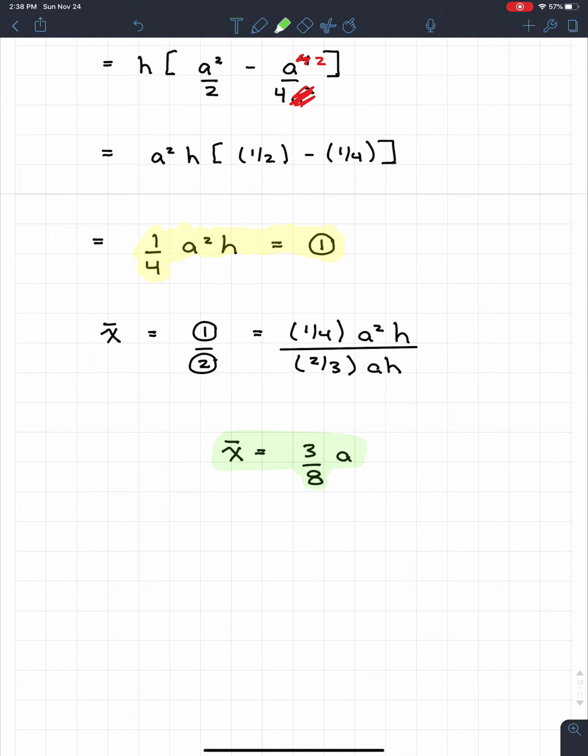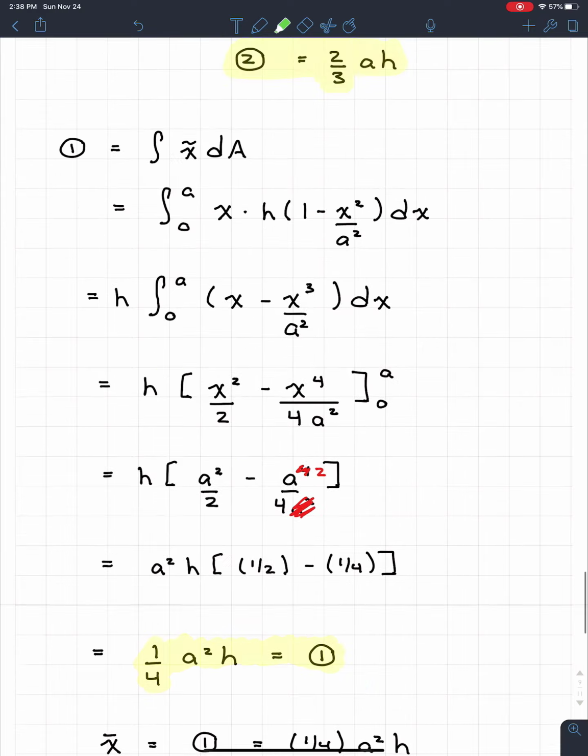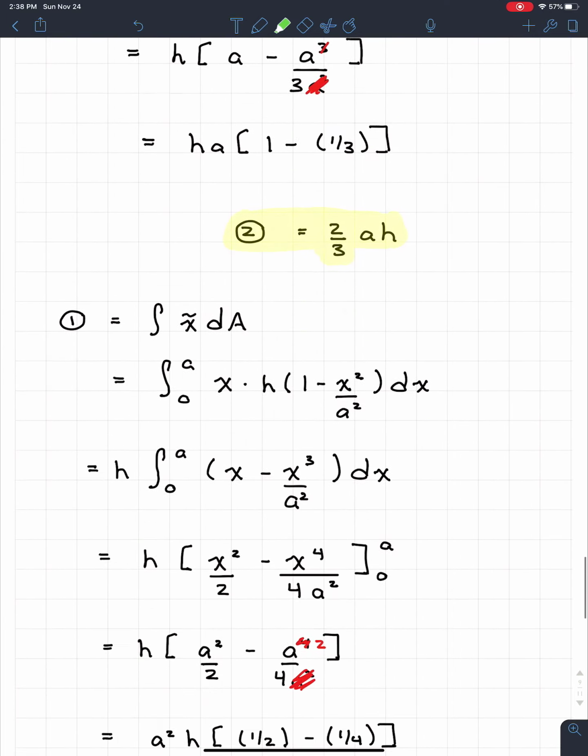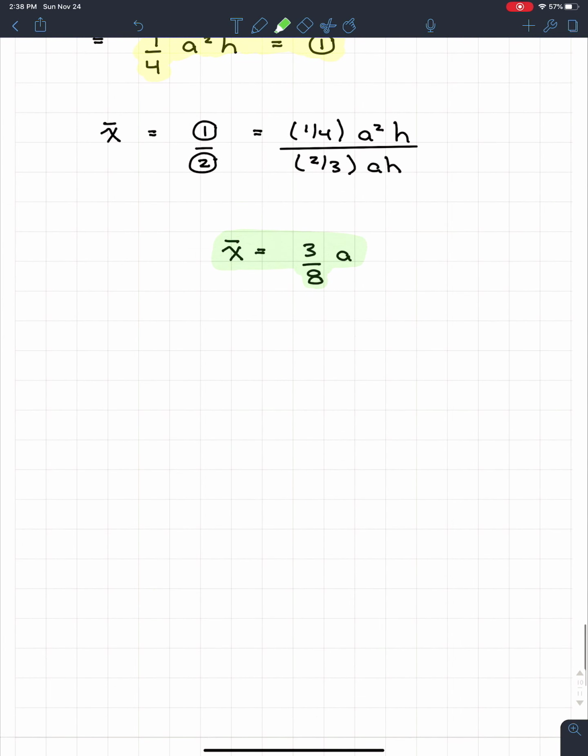But now we got to go to the one that we've been kind of dreading, and that is the stupid y bar, because as you guys saw, y squiggle is just a mess in this case. But we have to do it. I like helping you guys, although I'm regretting it now. So we got the integral of y squiggle times dA divided by the integral of dA.